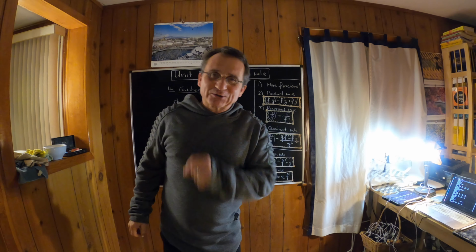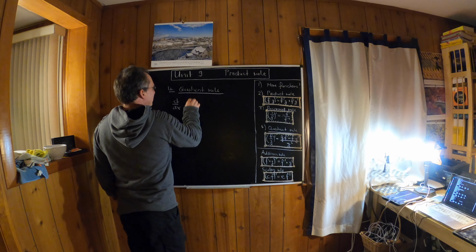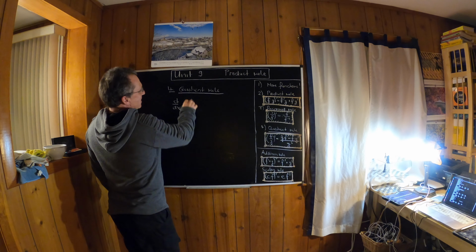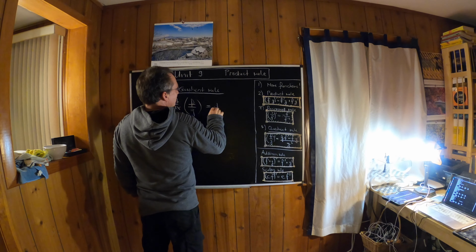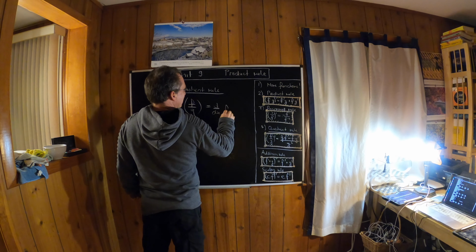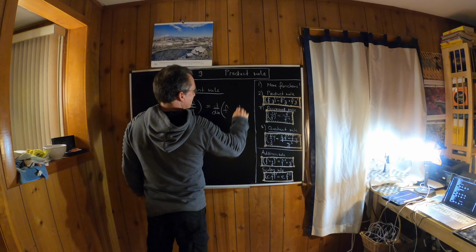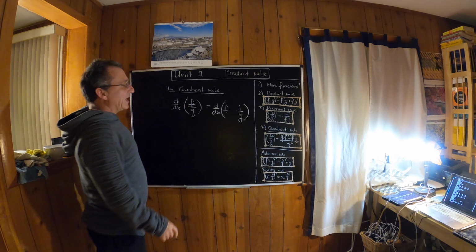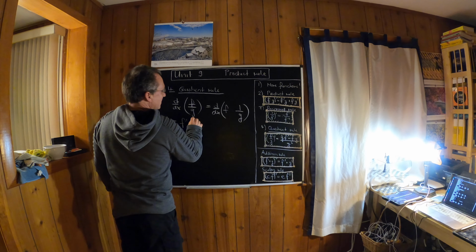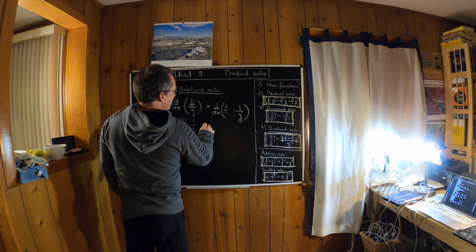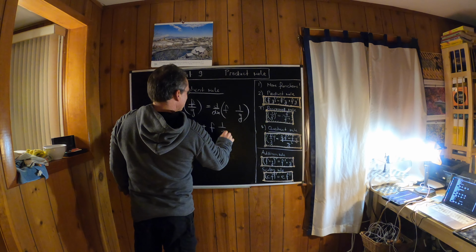Okay, the quotient rule immediately follows from the reciprocal rule, because what we have is f divided by g, we can just write as d over dx of f(x) times 1 over g. And now we have the product rule. By the product rule, this is f prime times 1 over g plus f times the derivative of 1 over g.